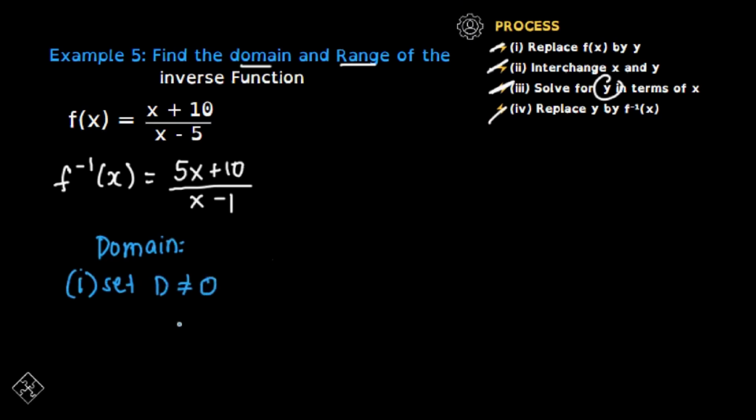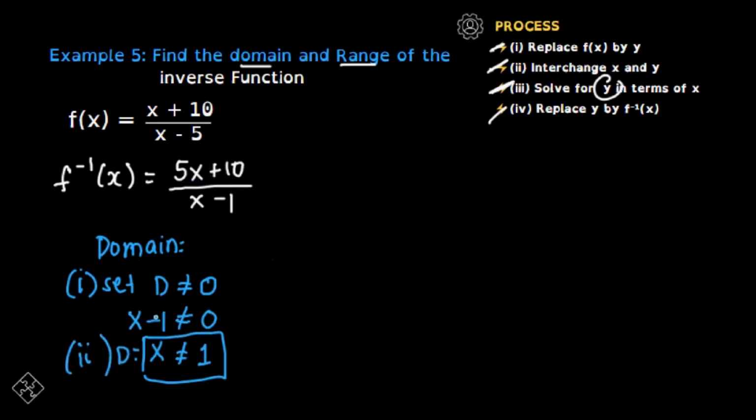Okay? So dito meron tayong denominator na x minus 1. So meron tayong x minus 1 dito. So not equal to 0. Then our x should be not equal to positive 1. So basic step, no? Meron na tayong two step dyan. Ang domain natin is x not equal to 1.